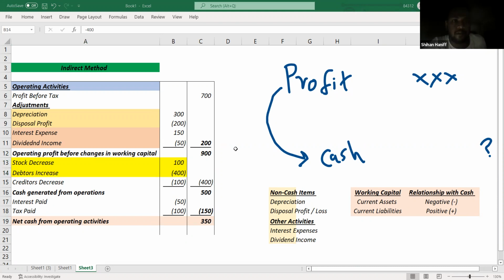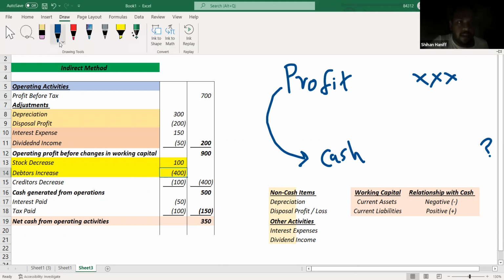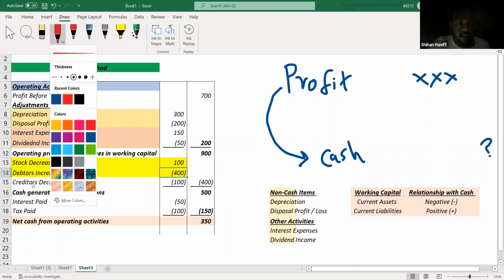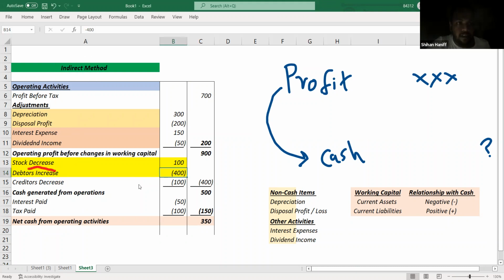So it's easy for you to remember if you do that. Current assets, if I show again, if the current asset decreases, cash increases. Increase means decrease.